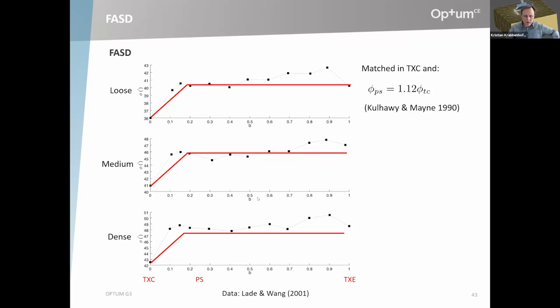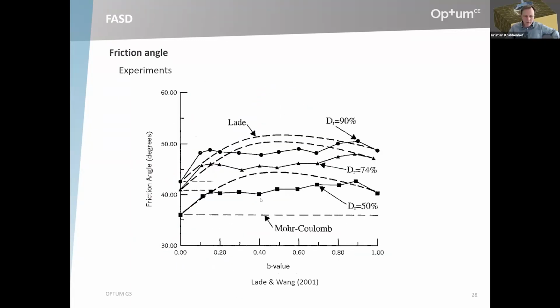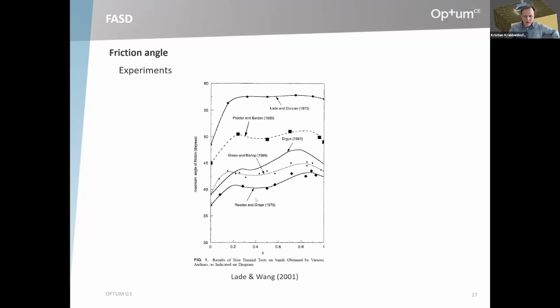I showed you this overview before. Four or five different groups have found exactly the same. So I think this is probably the way it is, unless people have consistently been making the same mistake for a very long time. I think this is the trend.